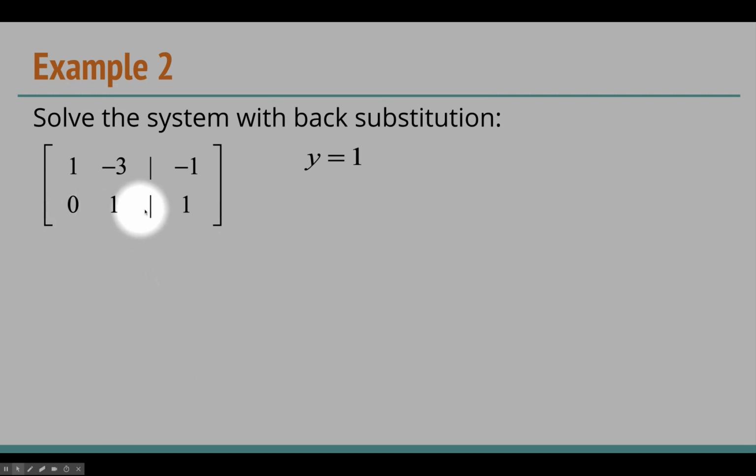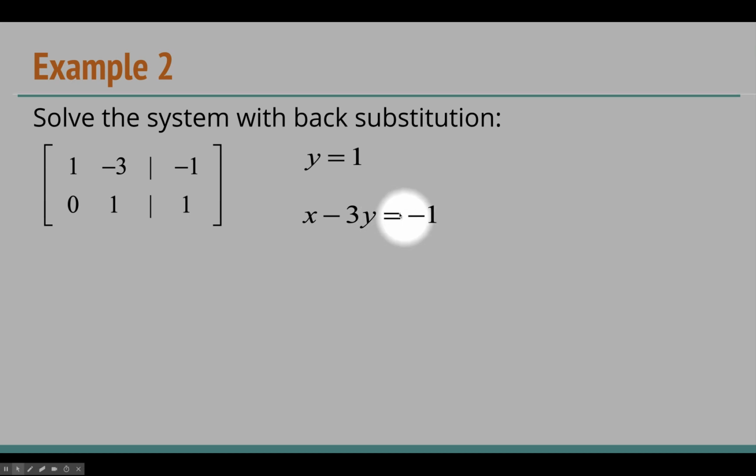Notice that this second row, and we always start with the bottom row when we do this because it's in the form that we need it. We have 0x plus 1y is equal to 1, which is the same thing as saying y equals 1. Then, because we know that y equals 1, we can take that result and put it into the top equation, which is 1x minus 3y is equal to -1.